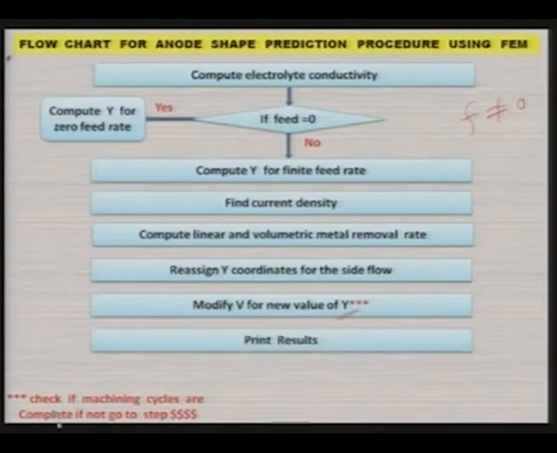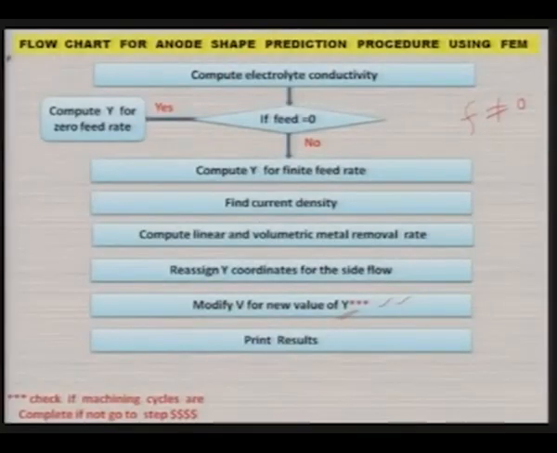Now, here I have shown 3 stars. This indicates that if, suppose, total time required for machining is 100 seconds and by the time you come over here it is only 50 seconds, then you have to go back to the earlier one where I have shown 4 stars, go to that particular point and then redo the whole thing for the new coordinates of the different nodes and then recalculate the potential distribution, temperature, conductivity, inter-electrode gap and so on.